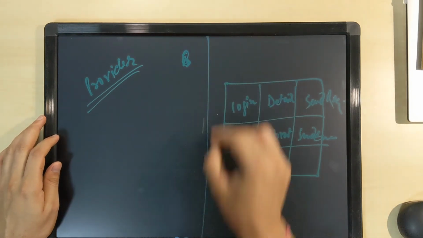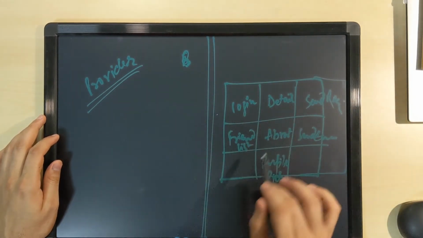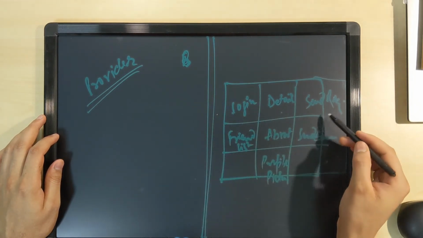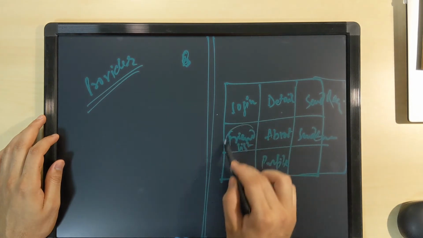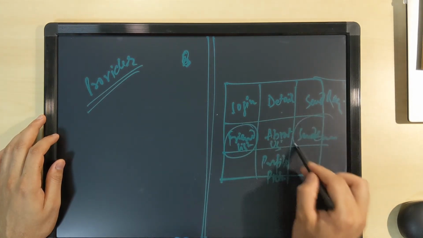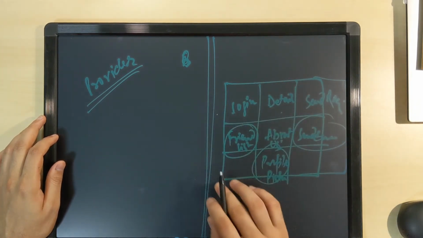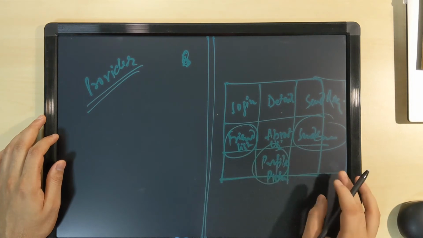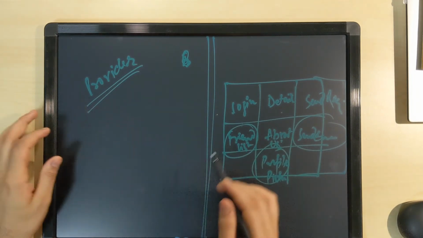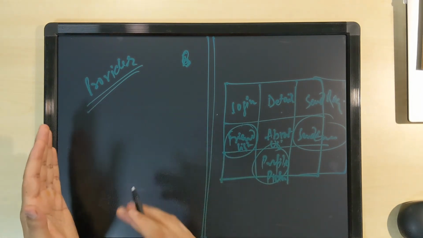So just a simple example, if you are going to create an application with this kind of thing, it has the login page, detail page, and send request, friend list, about us, send email, and profile picture. I mean your application contains this kind of functionality. Then definitely how you will create the providers accordingly, it means how you will define the dependency injection things.